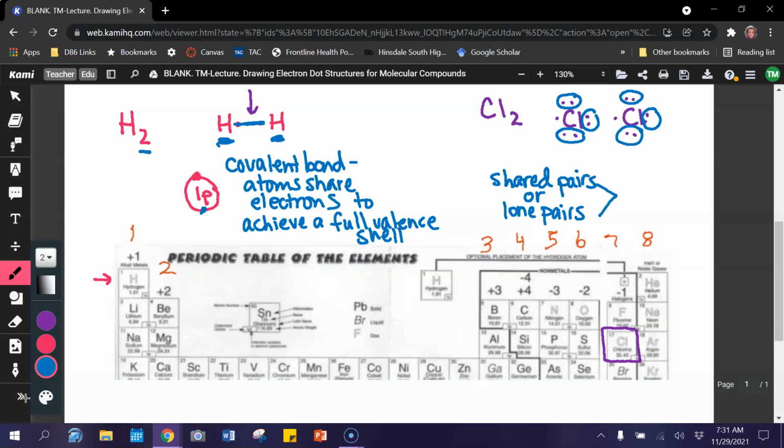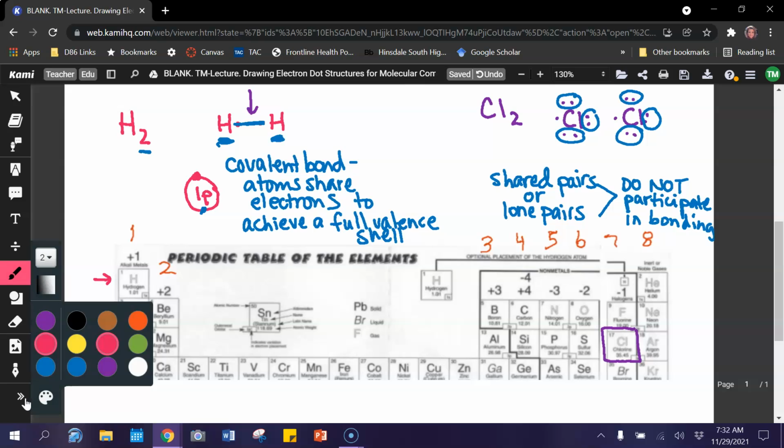These are the electrons that do not participate in bonding. The ones that do participate in bonding are the ones that are alone, the ones that I just put a box around.